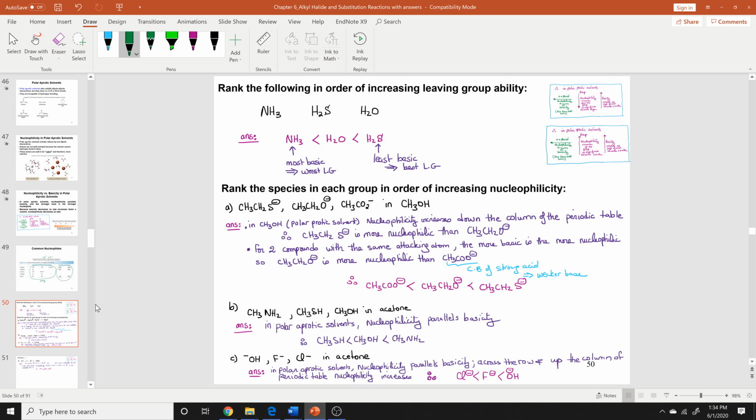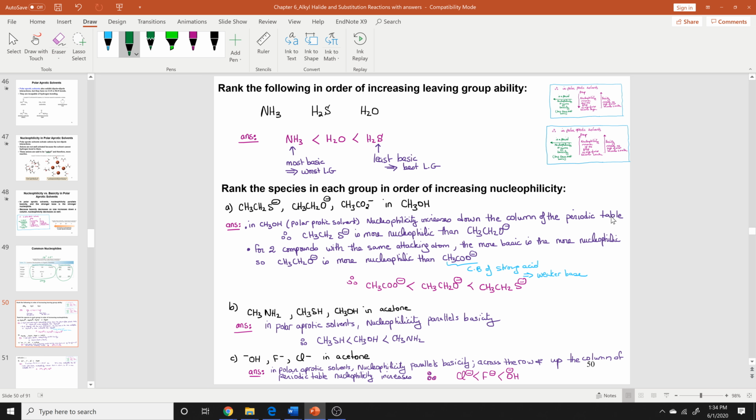In this example, we can use these two tables in order to answer the question. The question is, rank the following in order of increasing leaving group ability. So I have water, hydrogen sulfide, and ammonia. Just remember that the weaker the base, the better the leaving group.